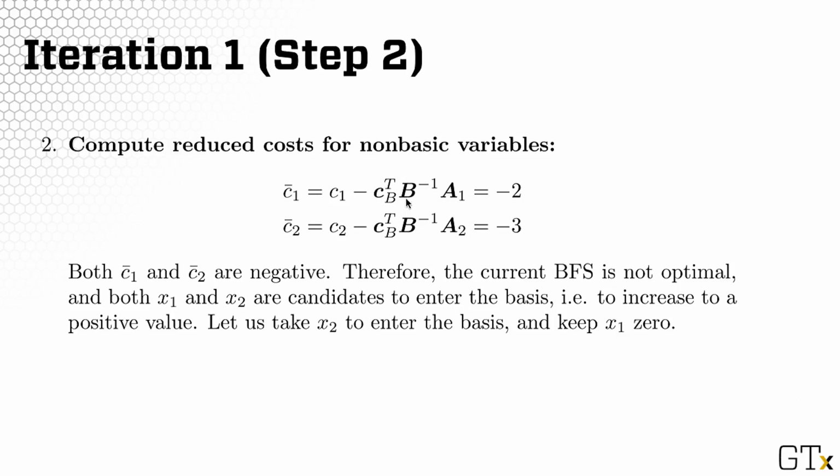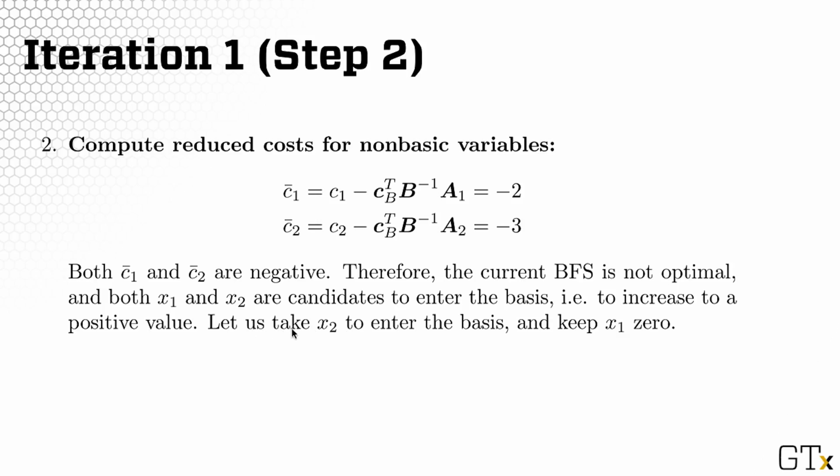So c1 bar and c2 bar are -2, -3. Both are negative. That means the current basic feasible solution is not optimal, and both x1 and x2 are candidates to enter the basis. Making them enter the basis means increasing their values to some positive value.